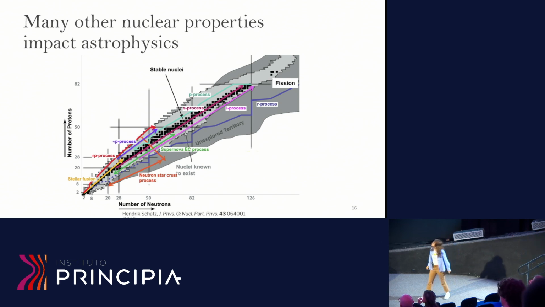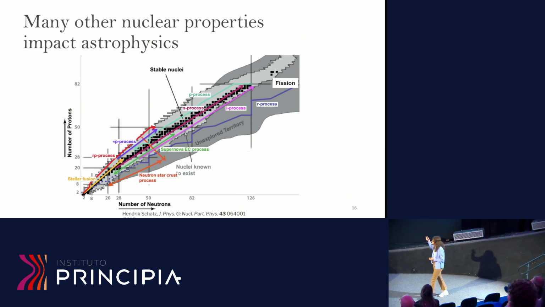So I talked up to now about the polarizability, but there are other nuclear properties which are particularly important for astrophysics. In particular, if we think about the origin of elements beyond iron, this is determined by the competition of two processes, beta decay and neutron capture rates along the nuclear chart as we go towards heavier elements.